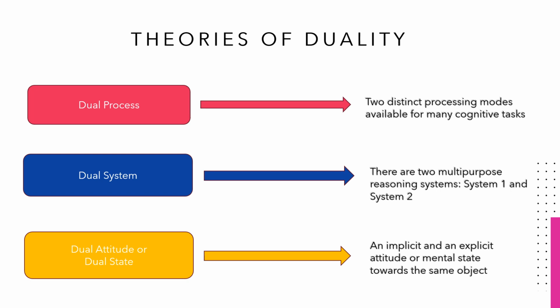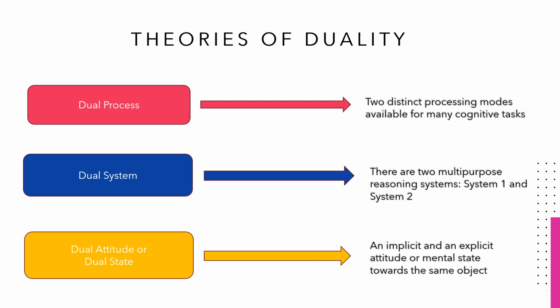And thirdly, we might think of them as a kind of attitude or state, an explicit and an implicit attitude or mental state towards the same object. So we may have a Type 1 or Process 1 attitude that's driven by our fast and unconscious system, and a Type 2 attitude, which is driven by our conscious thinking.